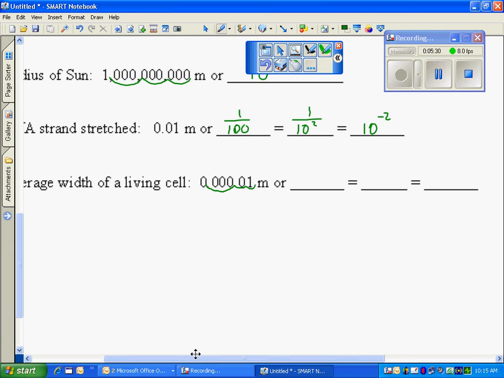So it's 1 over 100,000, which is 1 over 10 to the 5th, which is 10 to the -5. So look at the direction you're moving the decimal, and if it has a negative exponent, you know it's a small number.